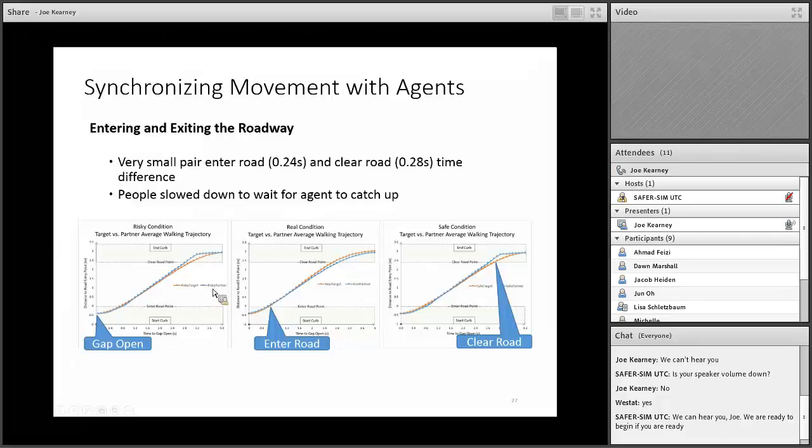So it's a risky partner on the left side, the real partner in the middle, and the safe partner on the right. And they tended to cross very closely in synchrony. And in fact, it looks like they slowed their motion because we had programmed the peer to cross at an average rate that we had found in early experiments. And for whatever reason, they tended to cross faster with the two real peers in this condition. And so that was actually an interesting result to see how they tended to link up with the partner.